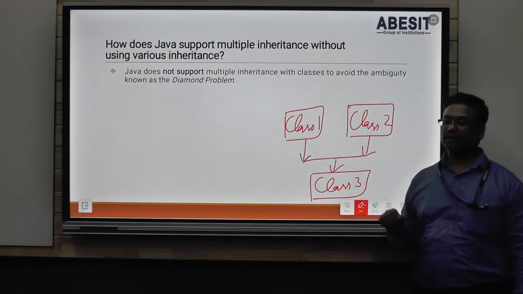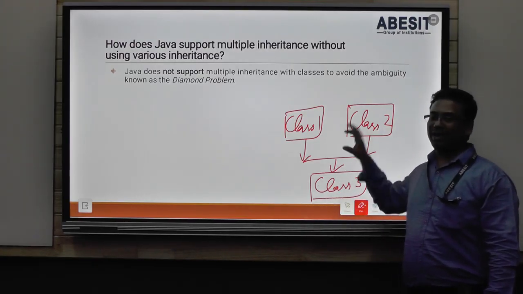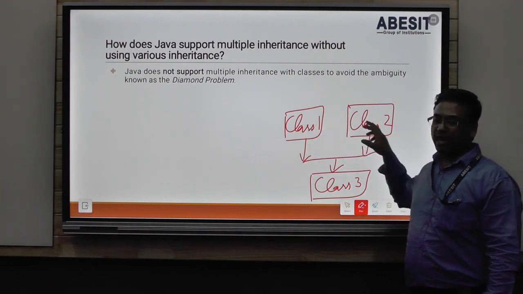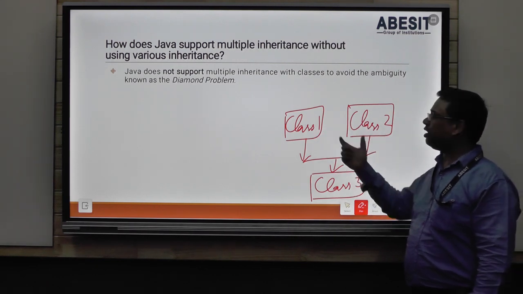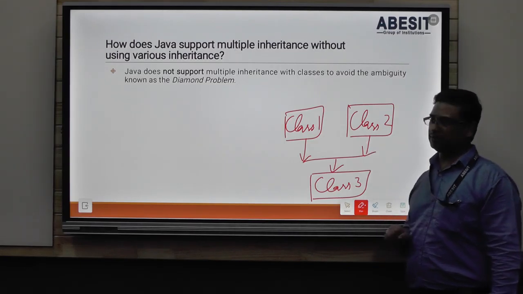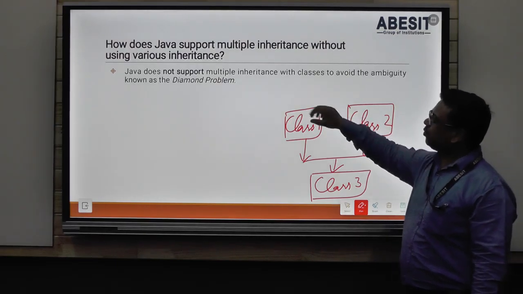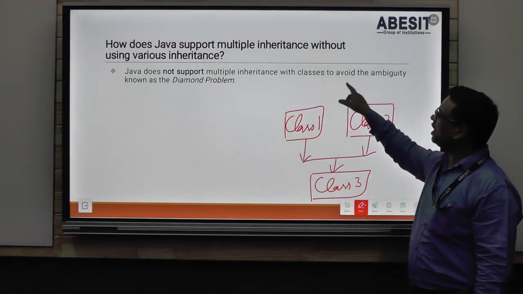Multiple inheritance is a feature where a class can extend or inherit attributes and methods from more than one base class, or you can say more than one parent class. But Java does not support multiple inheritance with classes.